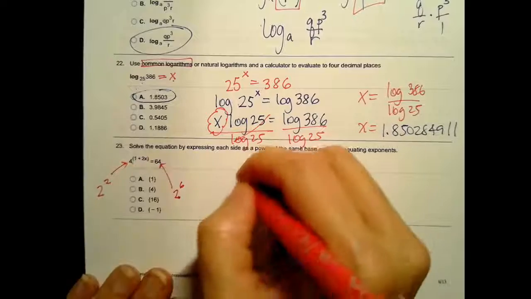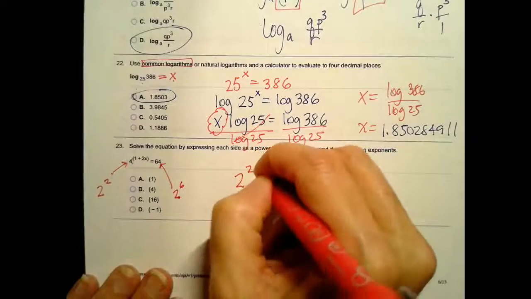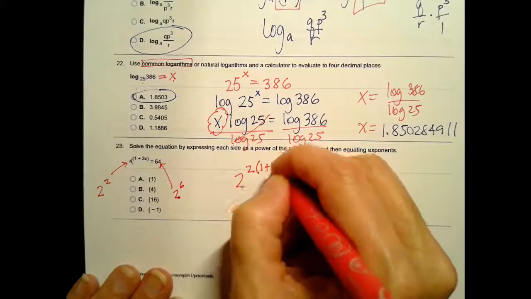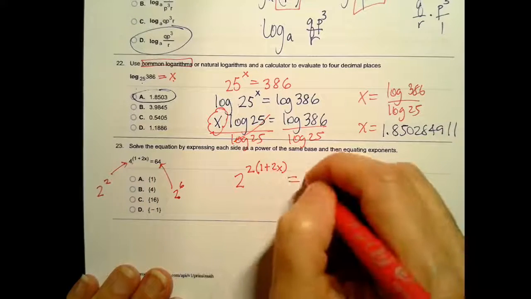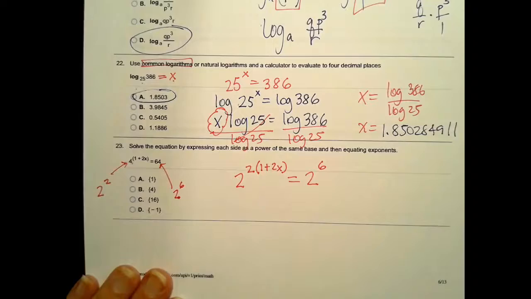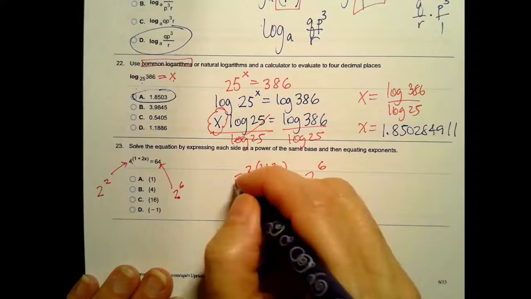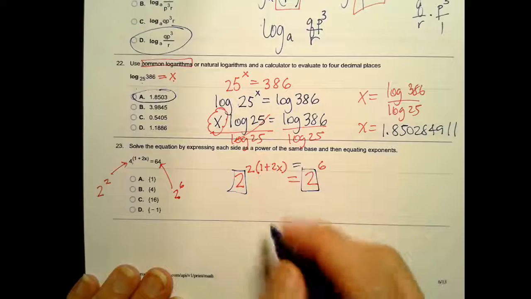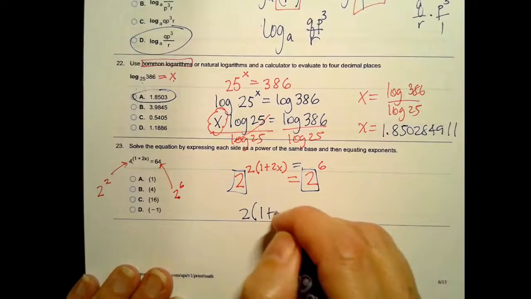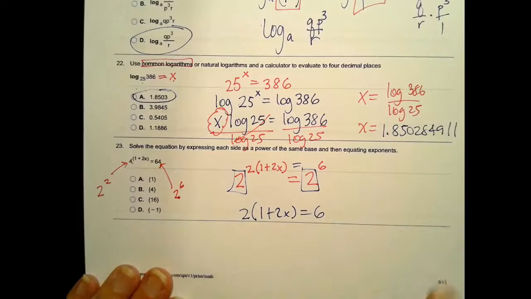So I'm going to rewrite 4 as 2 squared, with a power of 1 plus 2x, equals 64, which is 2 to the 6th. So now that my bases are the same, I know that my powers have to be equal. So 2 times 1 plus 2x has to equal 6. Otherwise it wouldn't have worked out.